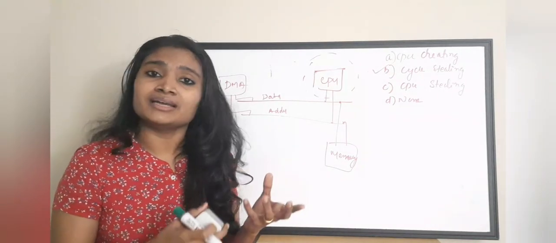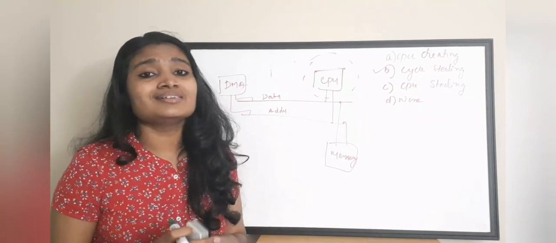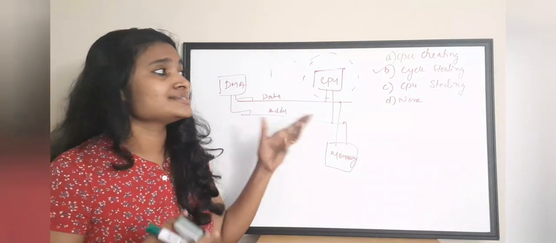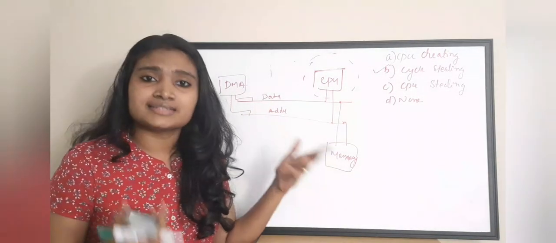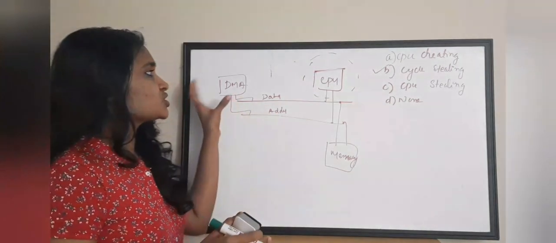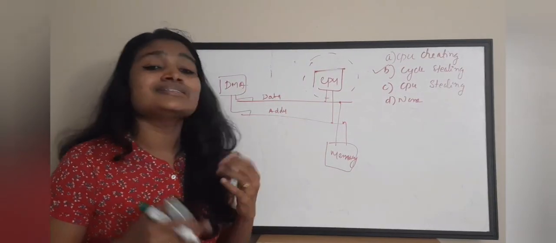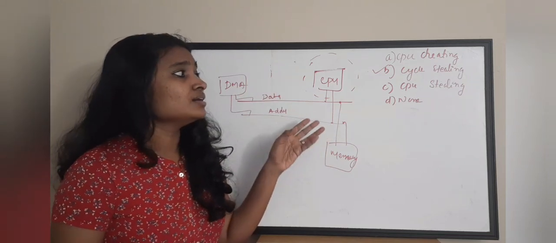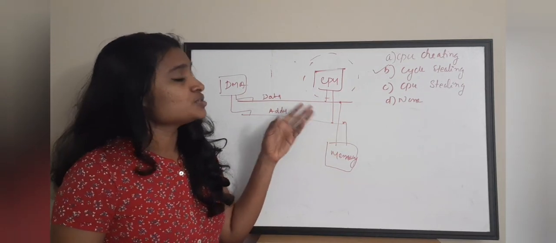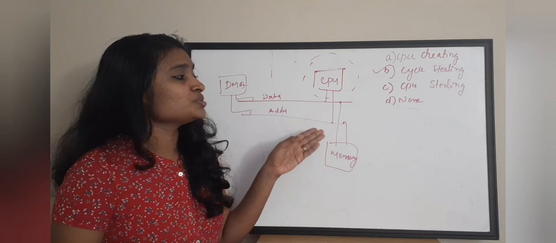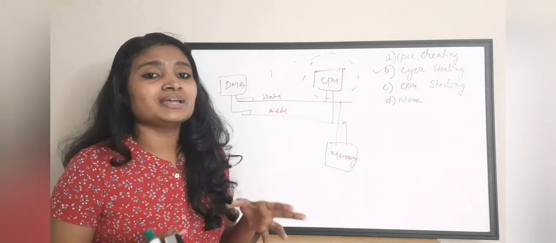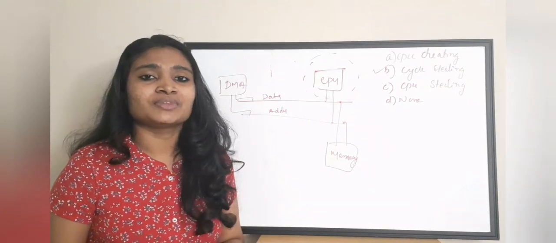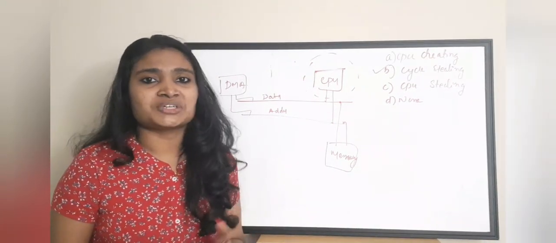They are owned by the CPU, but what the DMA is doing is stealing the read and write cycles, and hence this DMA operation is called cycle stealing. The options given are A, CPU cheating, B, cycle stealing, C, CPU stealing, D, none. So you should be aware of this name. It is called cycle stealing by DMA. Okay, so let's see what the next question is.